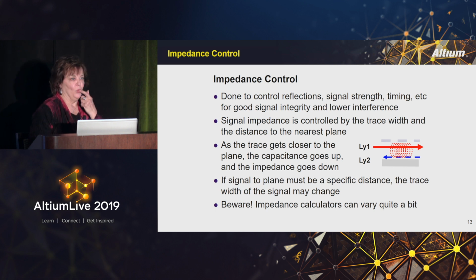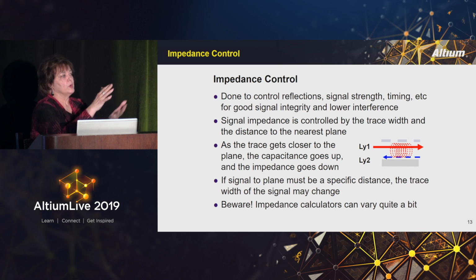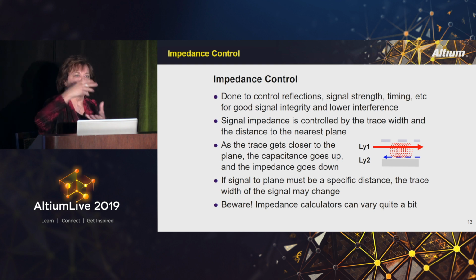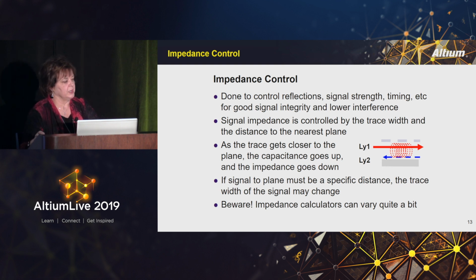I said, how much did you pay for these? And he said, oh. And then I explained to him that I work it out with the fabricator. I will work out my best guess on the numbers as far as impedance control and what I know, my knowledge and that sort of thing. And then I'll send it to the fabricator and say, I would like your help in looking at this. I need 50 ohms on every layer, or I need 50 ohms here and 60 ohms here and 100 ohms here for differential or whatever.